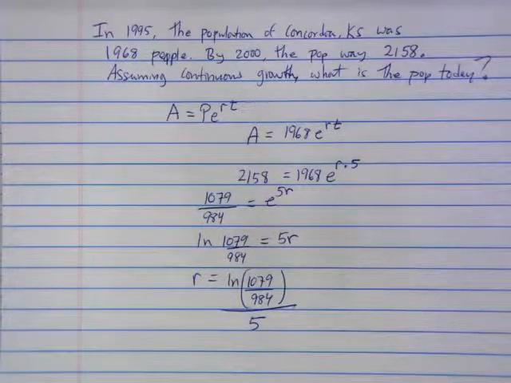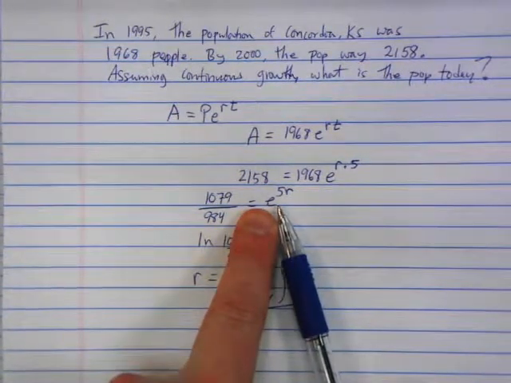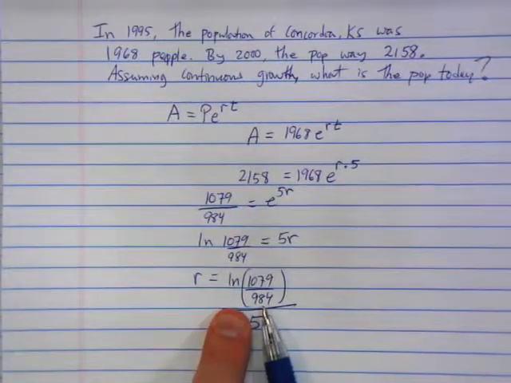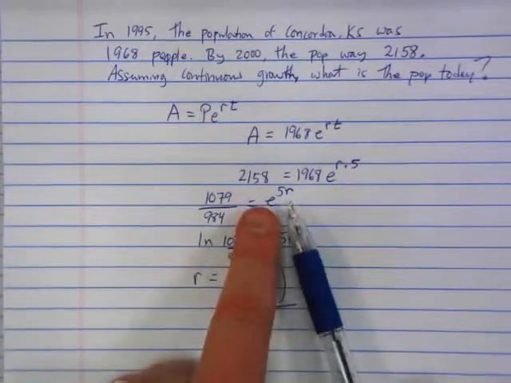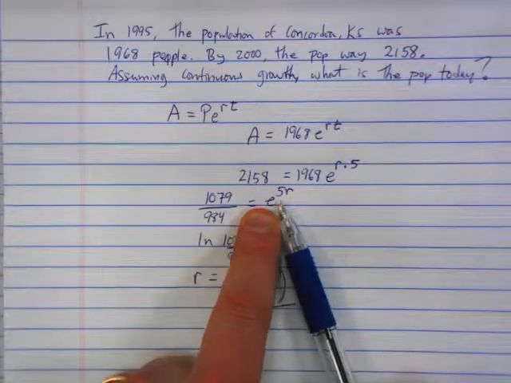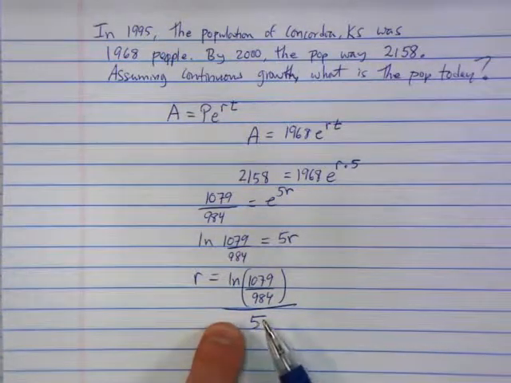You get inaccurate answers later, especially when you're dealing with exponential functions, because exponential functions tend to grow really, really fast. So a small round off here can actually make a big change in the final answer at the end. So my suggestion is don't round off until the very, very end. Save your accuracy as much as you can.